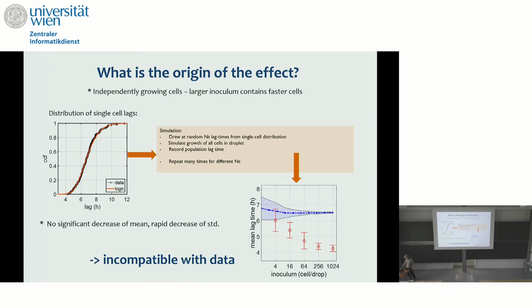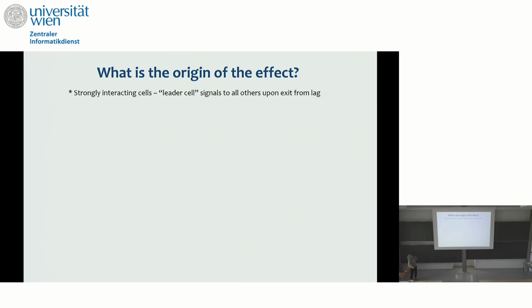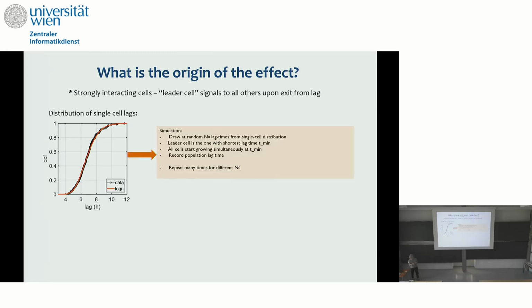Okay, so this is clearly not what's going on here. So let's go to the other extreme. The other extreme is that this is a very collective effect. And by collective effect, I mean there are strong interactions between the cells. So imagine the following scenario. Suppose the first cell that starts to grow immediately signals to all the other cells, it's time to grow. Everybody starts growing at the same time. So how would I simulate this situation?